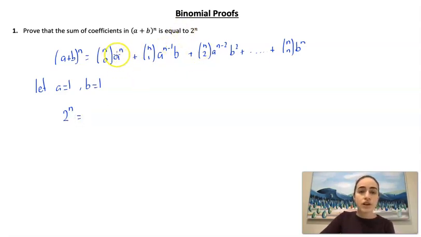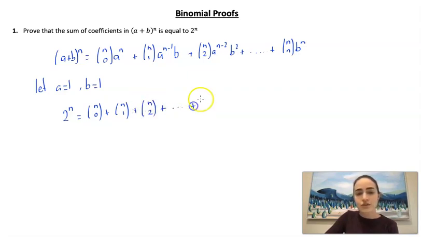And when we substitute a and b equaling 1 into here, everything except these combinations is going to be just 1, because 1 to the power of anything is 1. So on this side, we're just going to have nC0 plus nC1, nC2, all the way up until we get to nCn. So that is all our coefficients added together equaling 2^n.